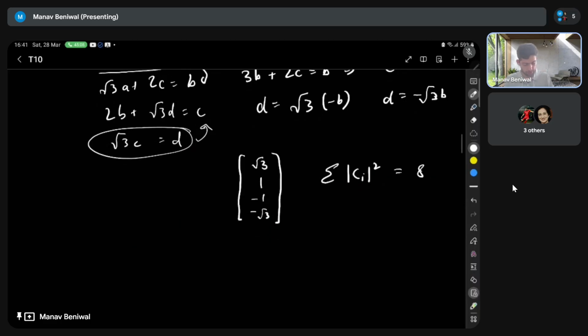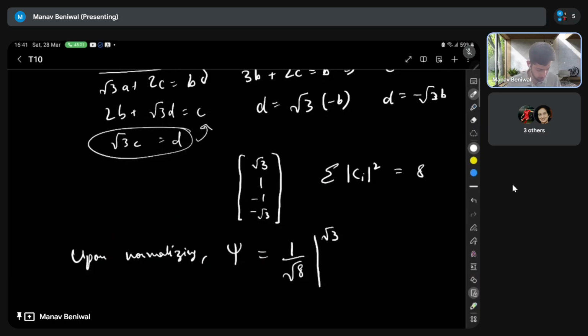So upon normalizing, our state psi we can write as 1 by under root 8 times root 3, 1, minus 1, minus root 3.